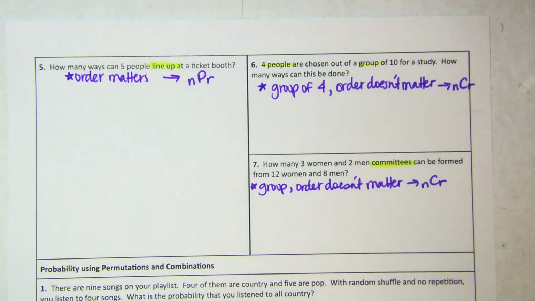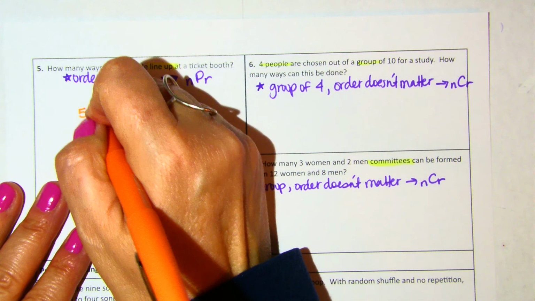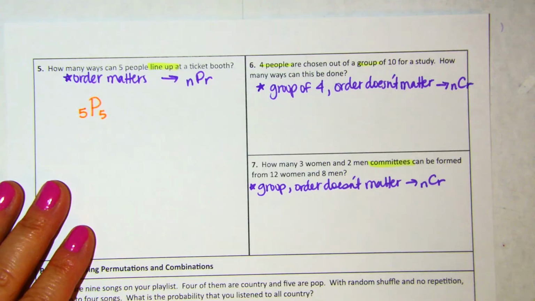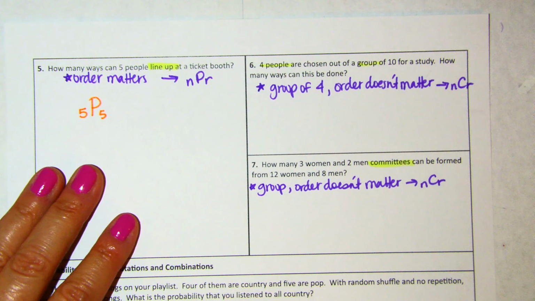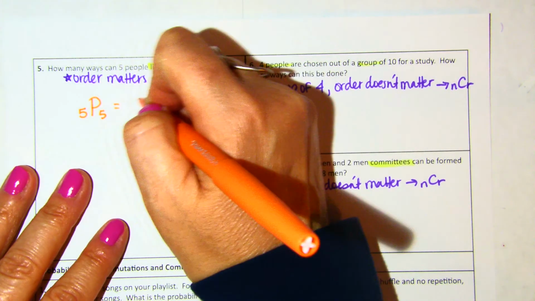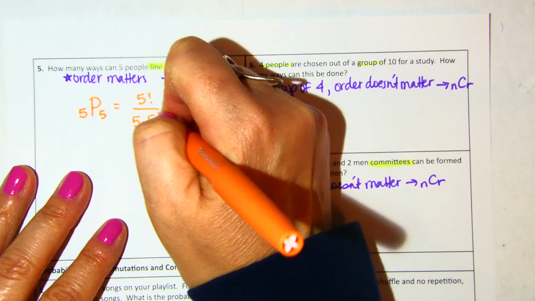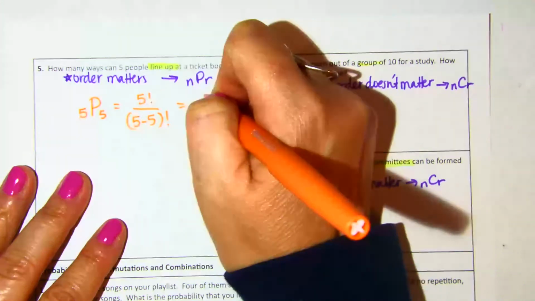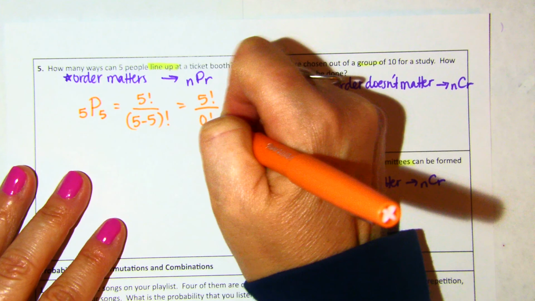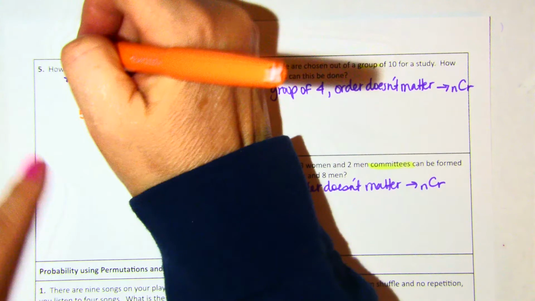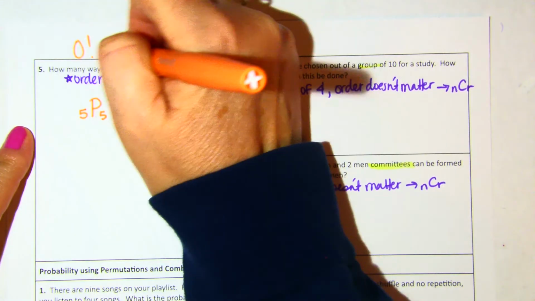So on this one, you have 5 people, and you want 5 of them in line. So you're putting all 5 of them in line. So it's 5P5. Then you just put it in your formula: 5 factorial over 5 minus 5 factorial. Something to keep in mind, by definition, 0 factorial is defined to be 1.